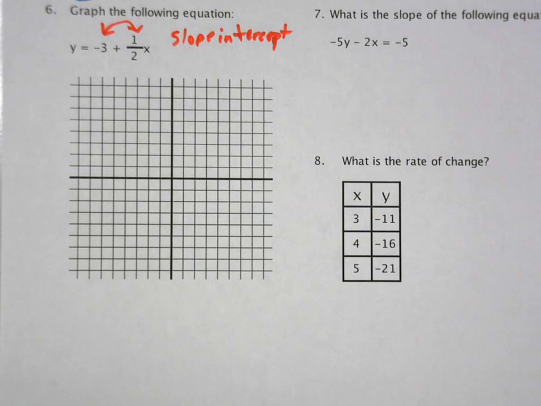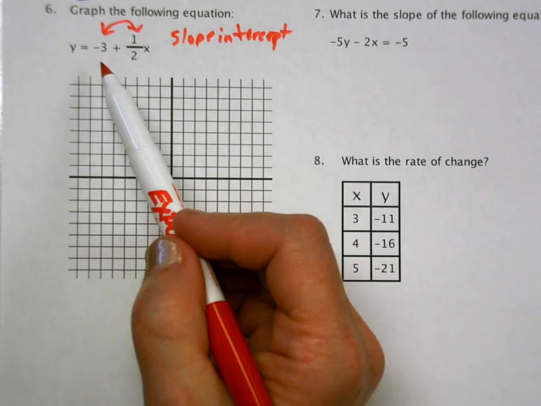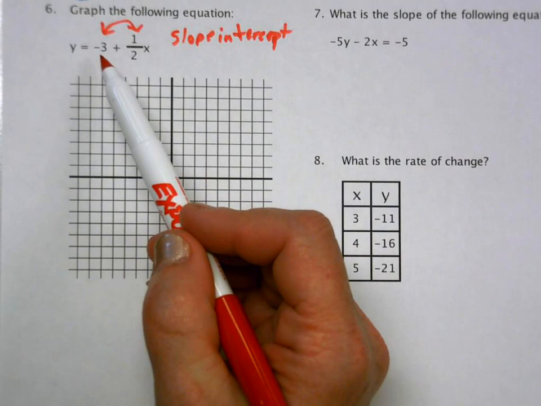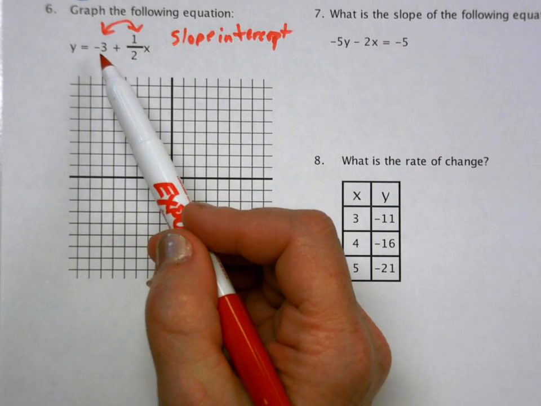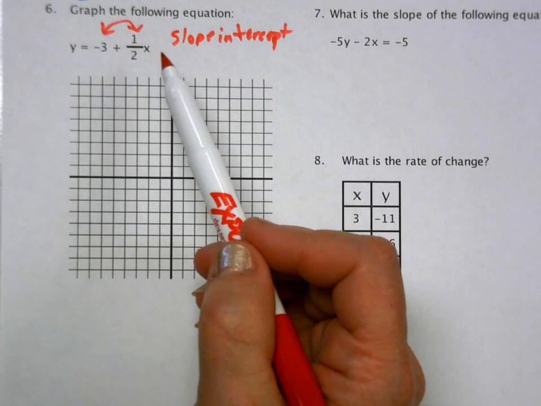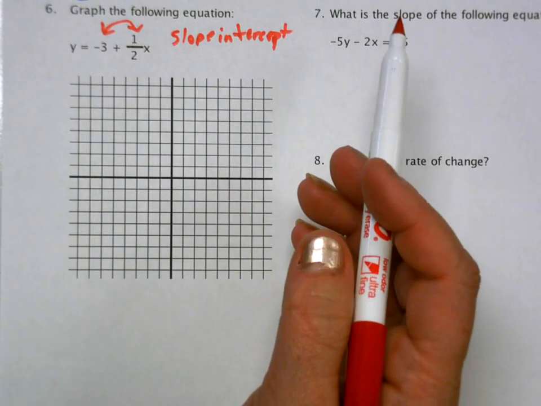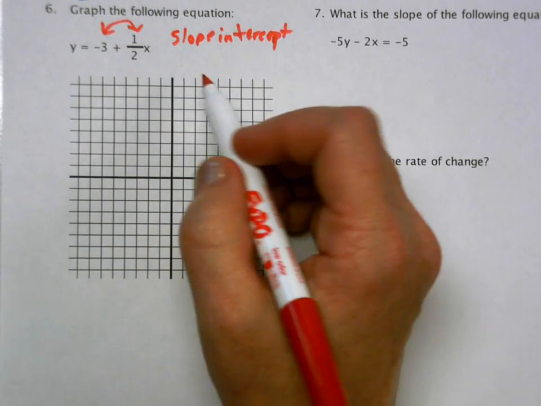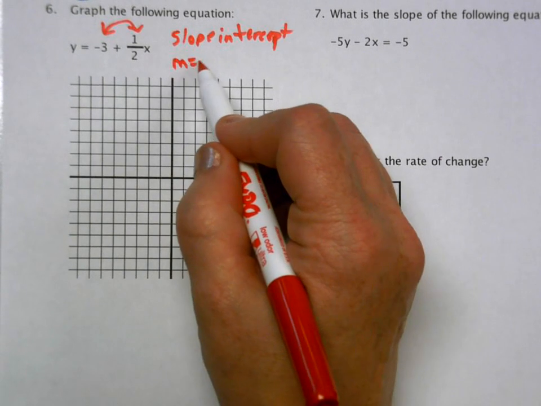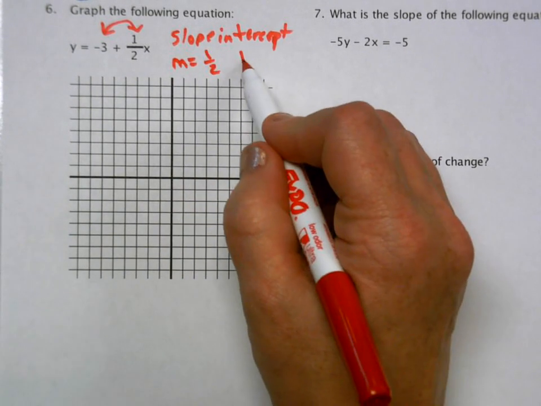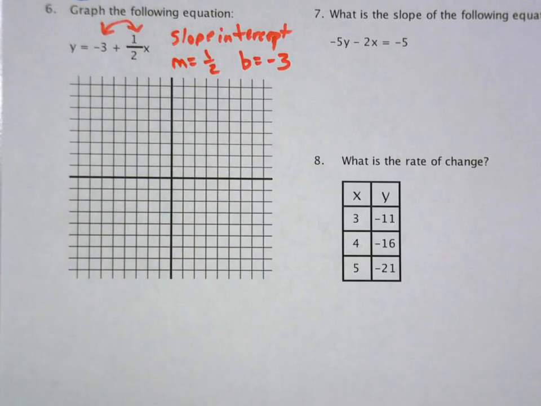If you recognize that, you do not have to rewrite it. You just need to recognize that your m is not this first number because that's your what? That's your b, that's your y-intercept. So what's your slope? 1 over 2. So my slope is 1/2, and my b is negative 3.